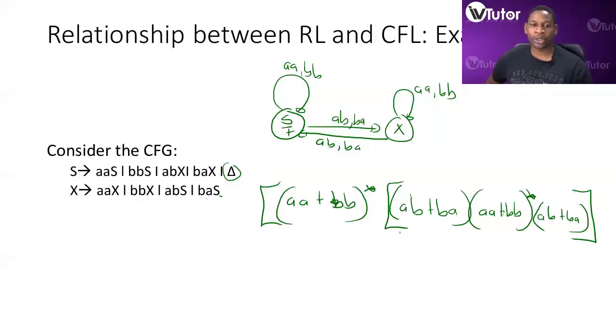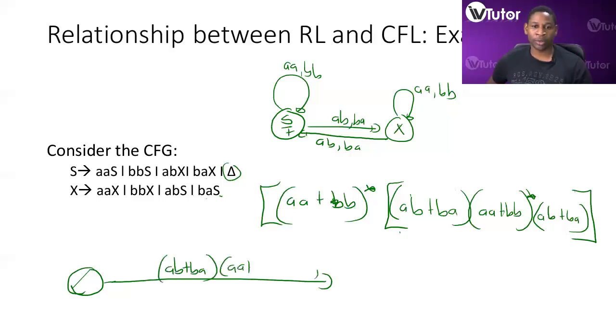Let's write it down. Let's use Kleene's theorem. Let's be clever about it. So we go there with AB or BA. And then once we get there, we've got AA or BB, Kleene closure. And then we've got AB or BA.